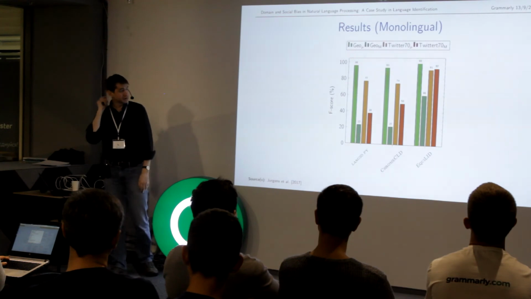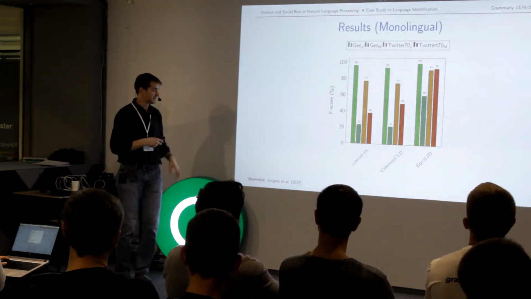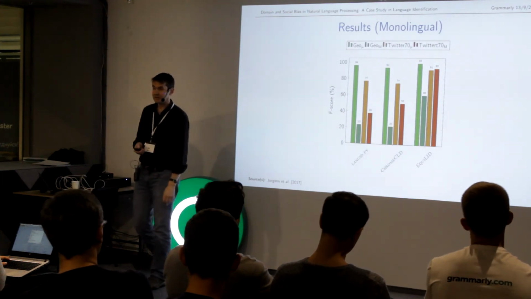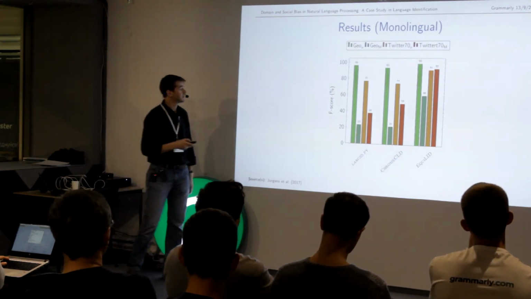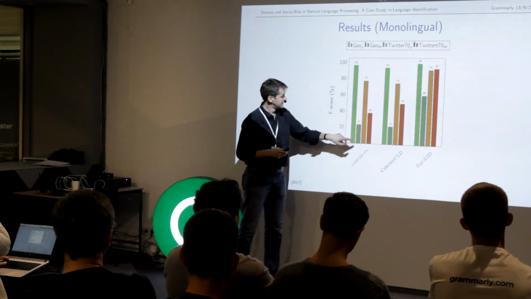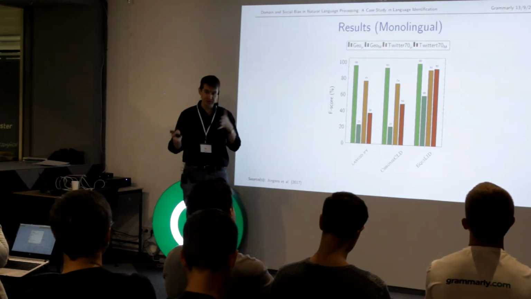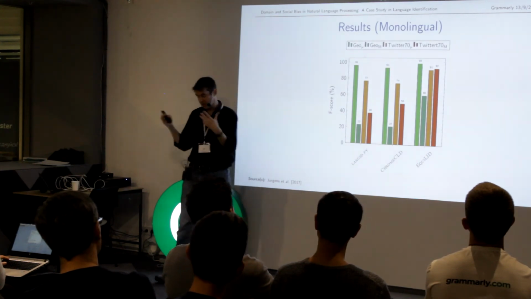And we end up with a very sobering set of results, for us, in terms of the developers of the first system here, in that what we have is in the green pair of bars results over the geographic data set.